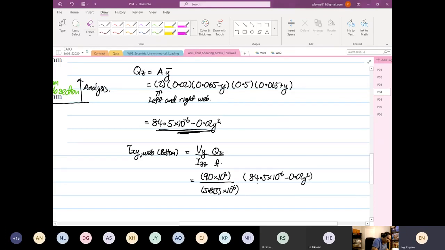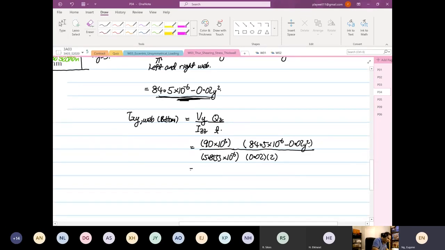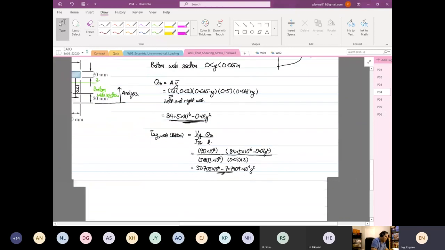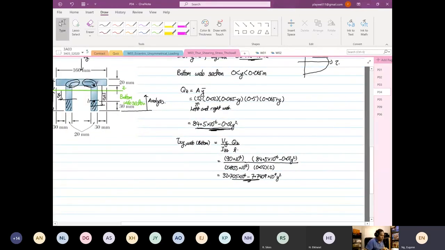And then for the thickness, you have to do 0.02 for the individual one, and then multiply by 2 for the left and right. Finally, this will be equal to 32.705 times 10 to the power of 6 minus 7.7409 times 10 to the power of 9 y squared. So whether you take from the top or from the bottom, your answer will be the same.